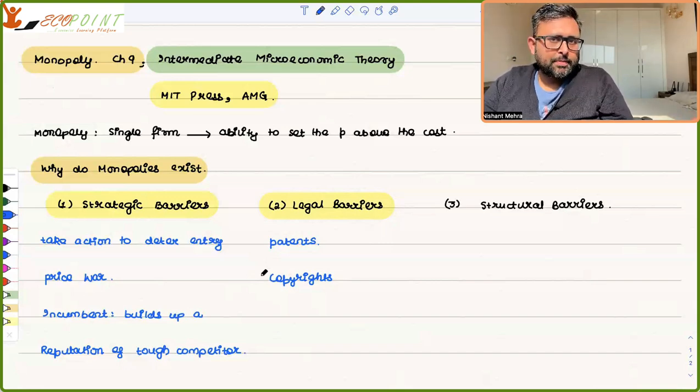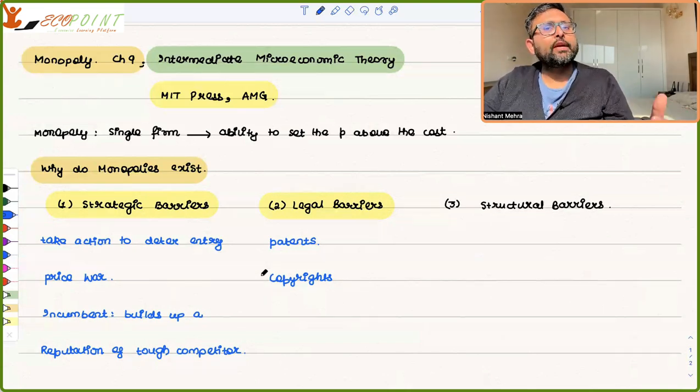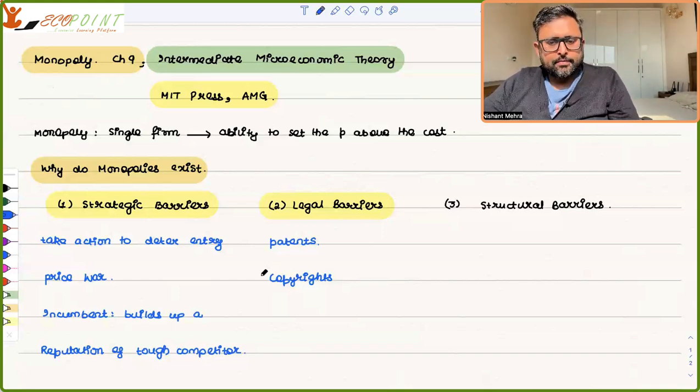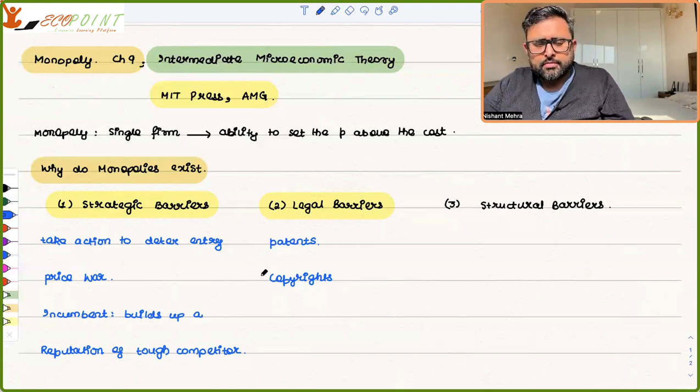So suppose I am a pharmaceutical company, I made a drug and with it thousands, lakhs of people can be treated, but I would say, look how much I have spent on research and development, and because I have spent a lot on research and development, the law should not allow this formula which I have created to be copied by other persons. So they will say, okay, for the next few years only you can produce this product at this price. Generally the patent period is long, right? I don't remember, maybe 20-30 years, right? So suppose if the patent is given for that many years, then the consumers will also have to buy this at a very high price.